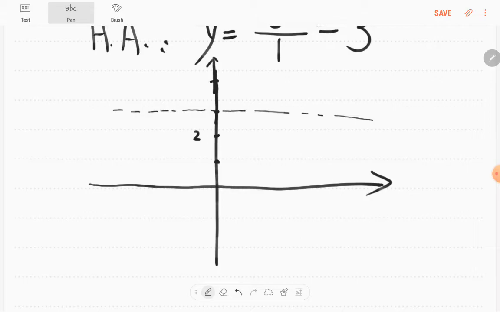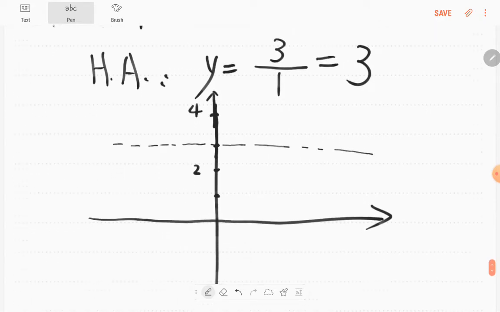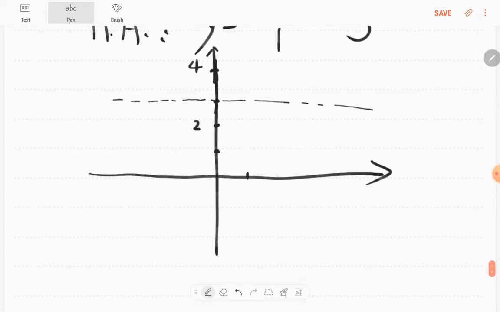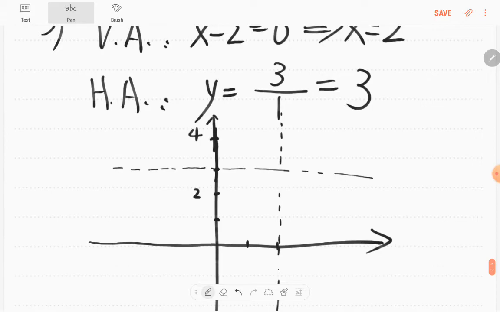This is 4. So this is 3. And the vertical asymptote is 2. We just count 1, 2. So this is the vertical asymptote.